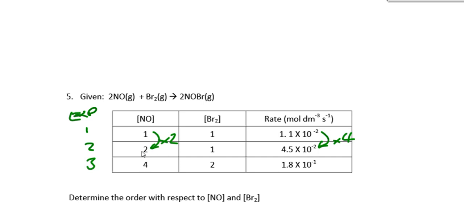Now, we've got a bit of a dilemma here because where the concentration of bromine changes between experiment 1 and 3, or between experiment 2 and 3, we've not got a constant NO. So in this case, what we've got to do is work out, well, say I take experiments 2 and 3.